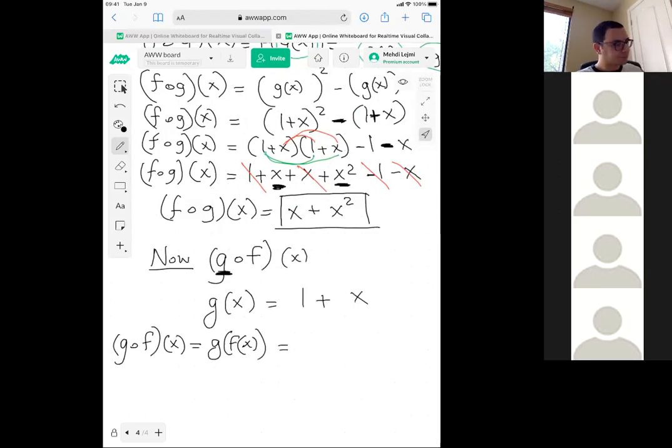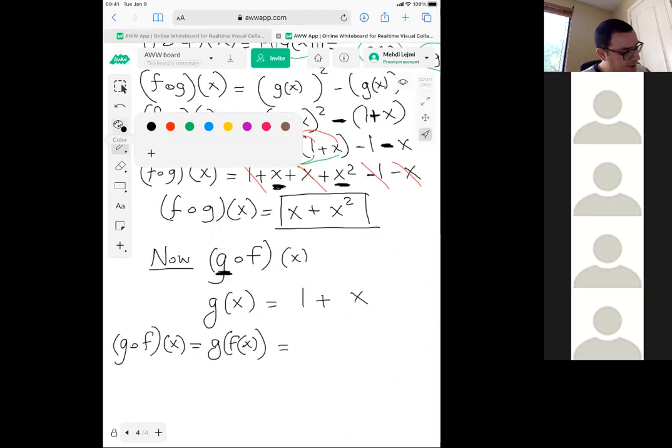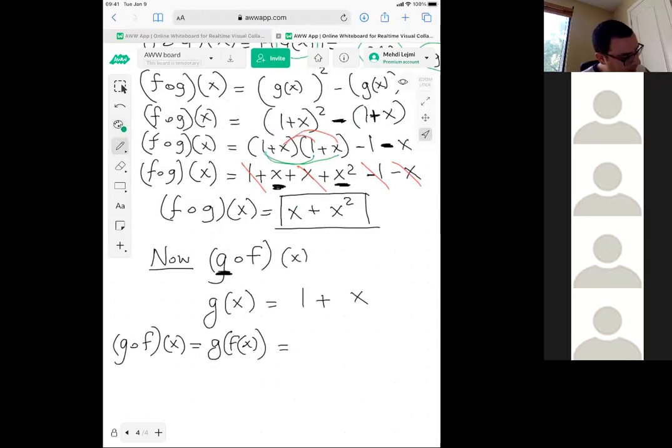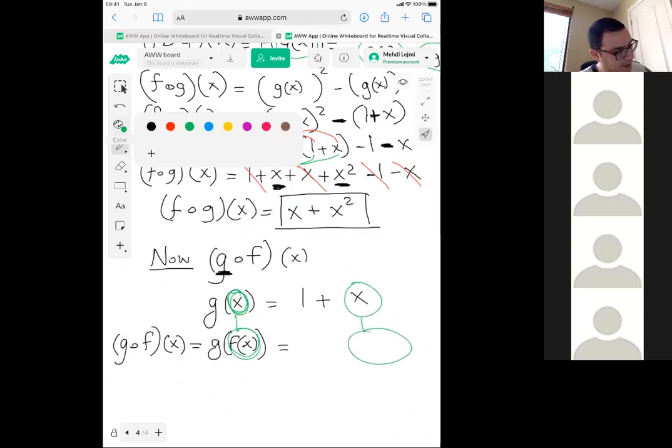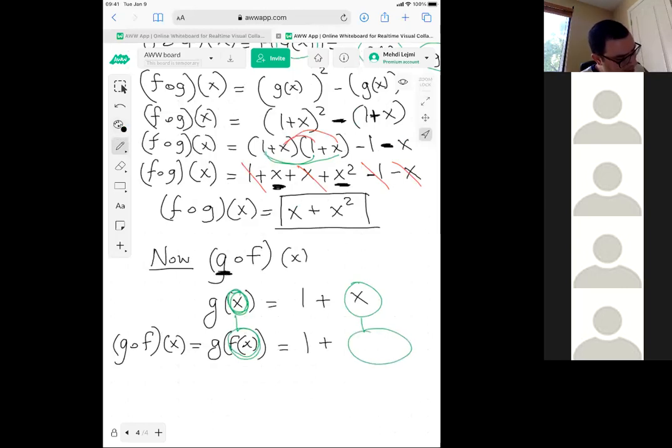So now what you have to do, guys, is replace this x in here by f of x. I only have one x in the function g, this one here. So this x here is going to be now f of x. So we have 1 plus, and this x here becomes f of x, right?